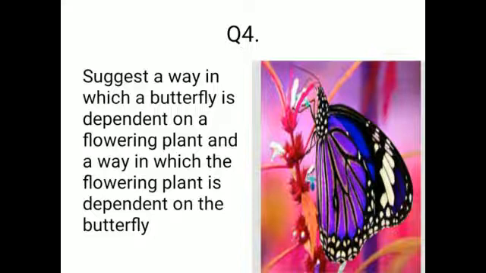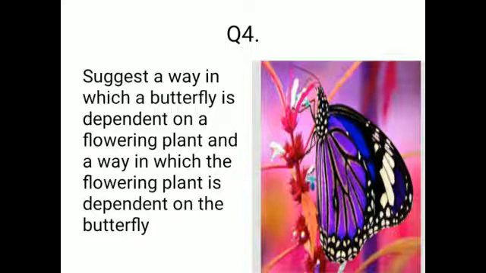So the butterfly sits on the flower to get its nectar. Nectar means the juice of the flower, because nectar is the food of a butterfly. So it's in search of food. A butterfly sits on many flowers, and in getting its food, it is transferring the pollen grains from one flower to another.